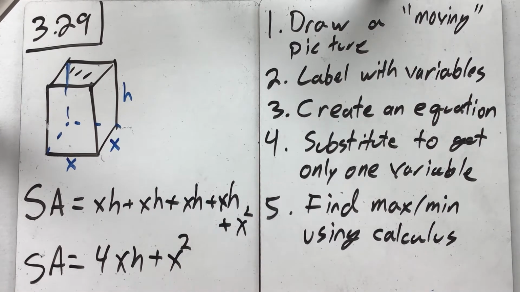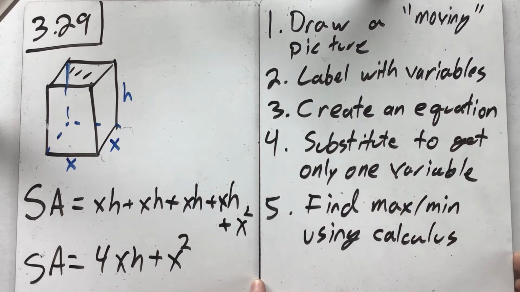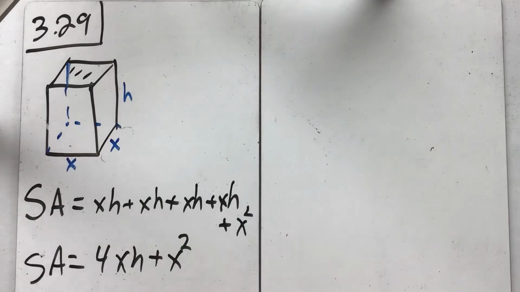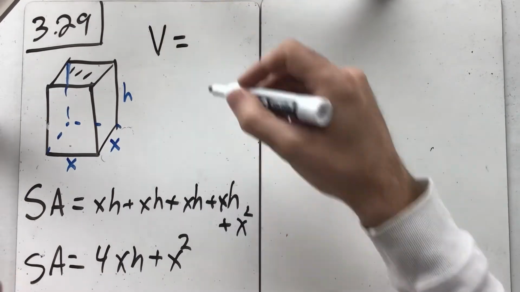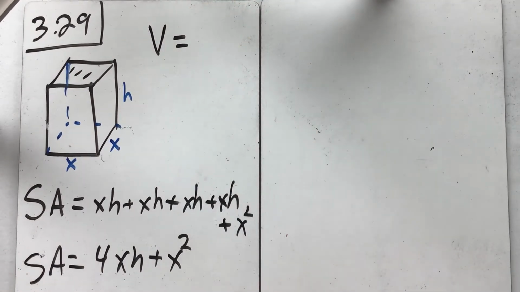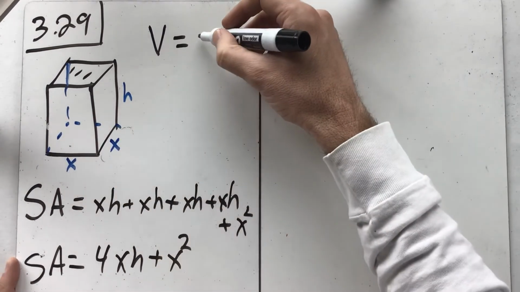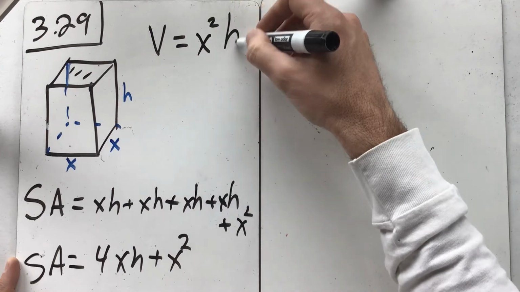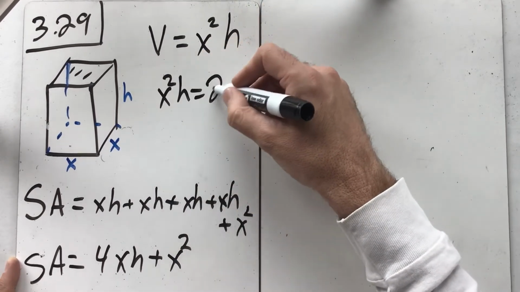Now we'll notice that we have two variables, so we want to substitute in to get this to be a problem of only one variable. What am I going to substitute in? I'm going to use the fact that I know what the volume is. The volume happens to be 200 cubic inches, but I also know that the volume is length times width times height, so the volume is x squared times h, and that needs to be 200.